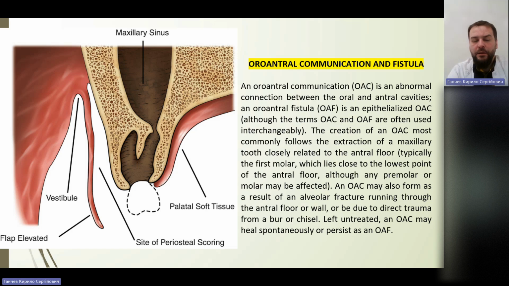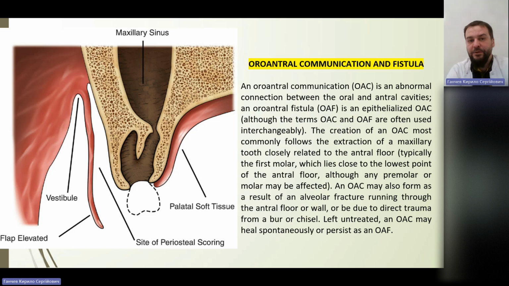So here we have an oroantral communication. You can see how it looks. An oroantral communication is an abnormal connection. It's a very bad thing, right?